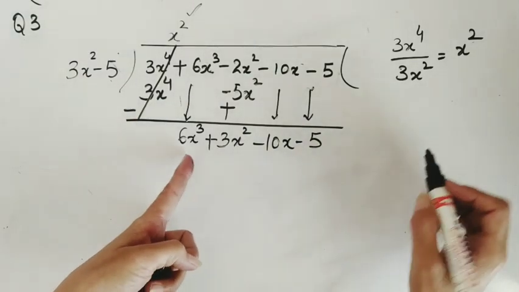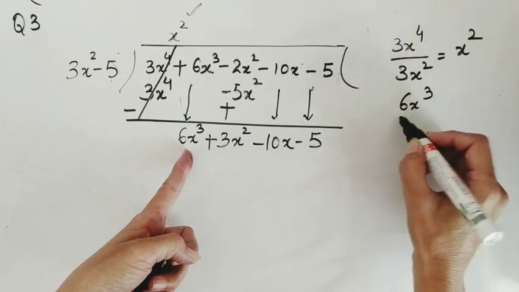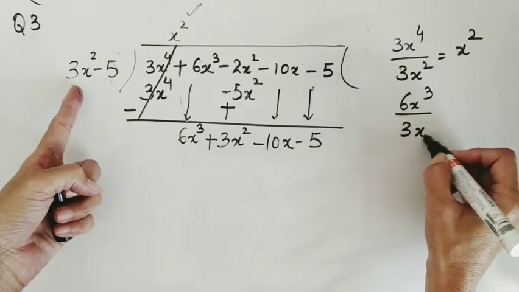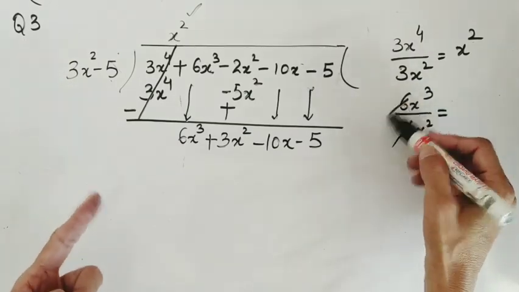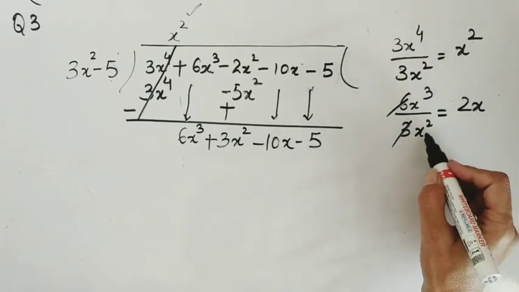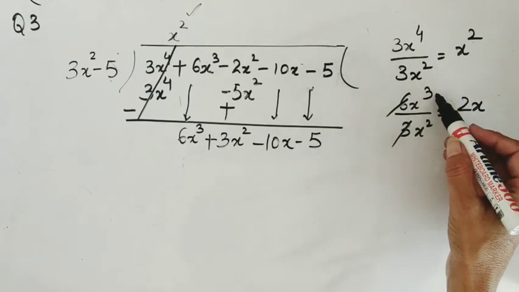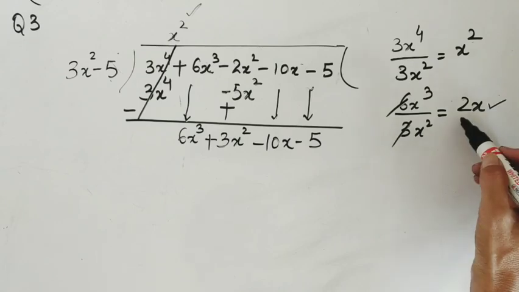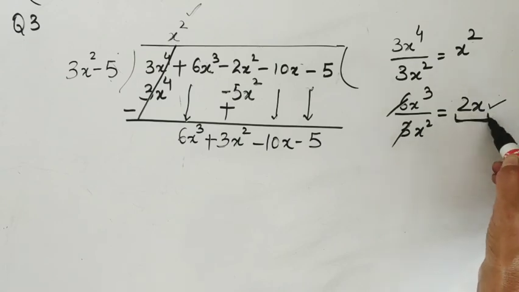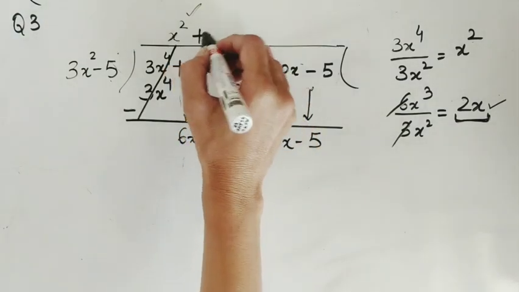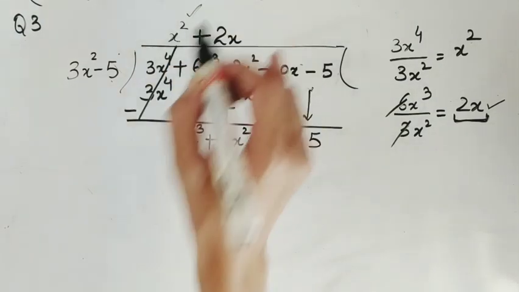Move to the first term again. This is 6x cube and this is 3x square. This would be 2x, because x cube divided by x square would give you 2x. So this would be our second term of the quotient. So this becomes positive 2x.